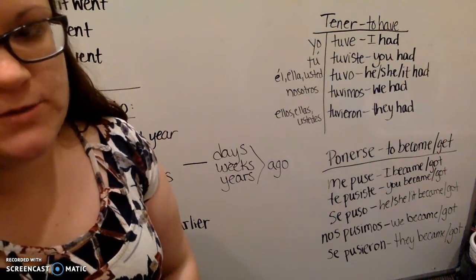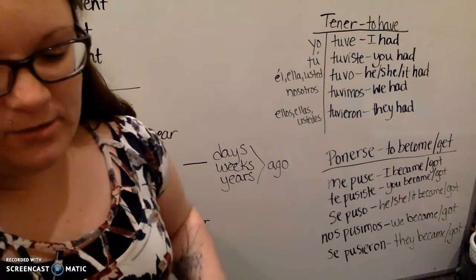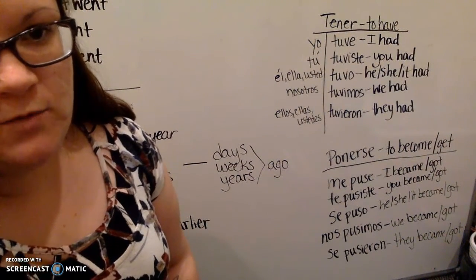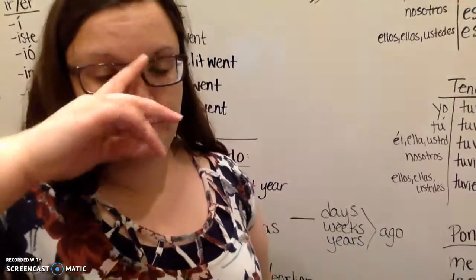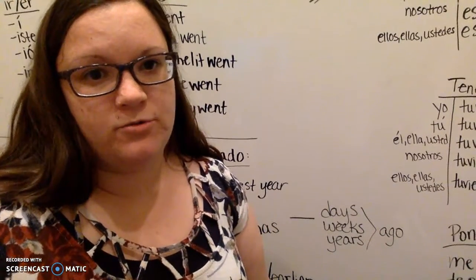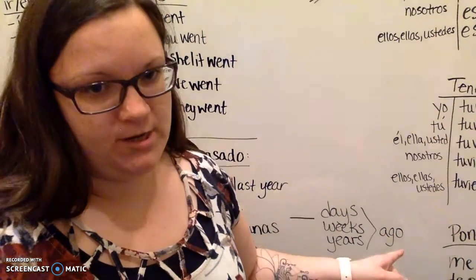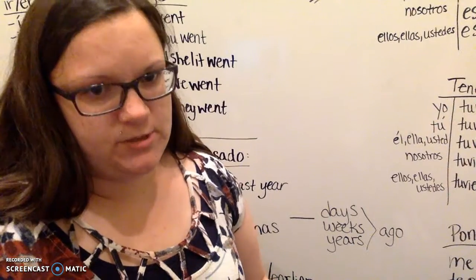Please make sure that you take notes of them. If you haven't done so already, I would encourage you to go back and look at the beginning of chapter 15, where it has the notes page about el pretérito con estar, tener, and ponerse, because those are the verbs that we're going to be using in particular as we go through these activities.